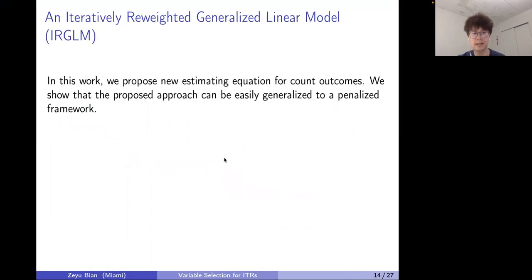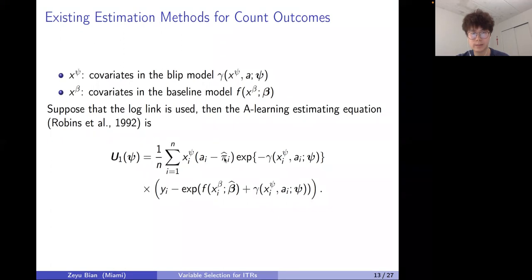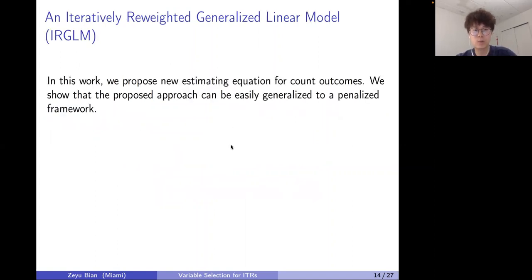So recall that I mentioned that the A-learning estimating equation is difficult to generalize to a penalized framework to do variable selection. So in this work, we propose a new estimating function for count outcomes. And we show that the newly proposed approach can be easily generalized to a regularization framework.